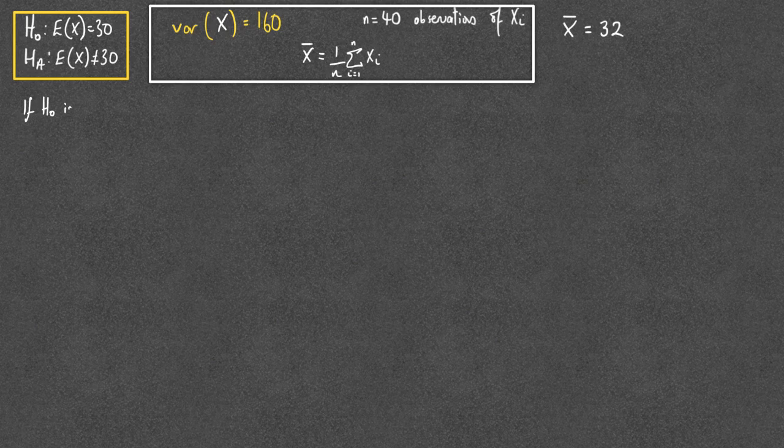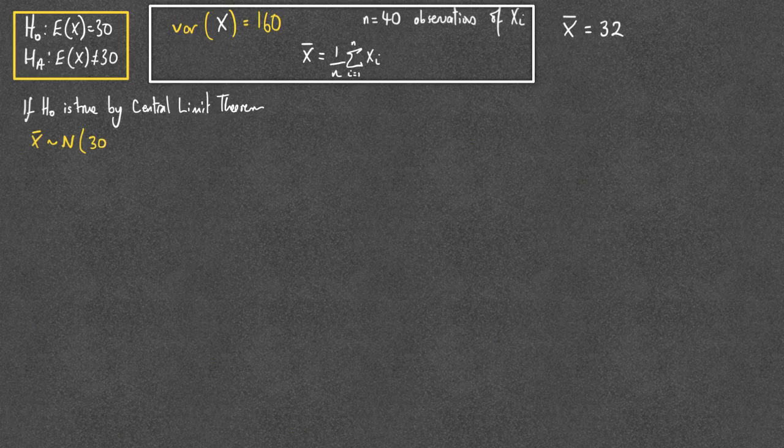So if h0 is true, then by the central limit theorem, which remember states that for a large enough sample, as long as the random variable x has a finite variance, the sample mean will be distributed approximately normally, with expectation equal to the expectation of x, and if the null hypothesis is true, that would be equal to 30, and variance equal to the variance of x divided by the number of observations.